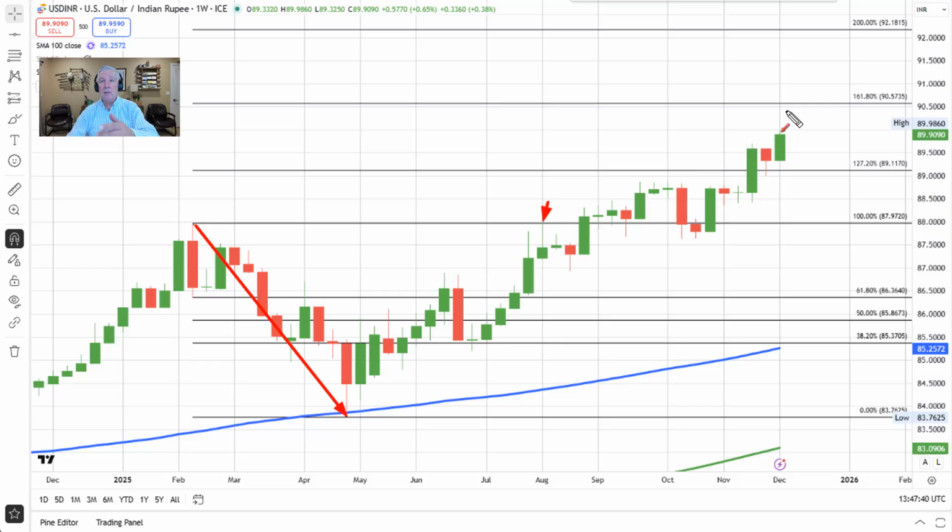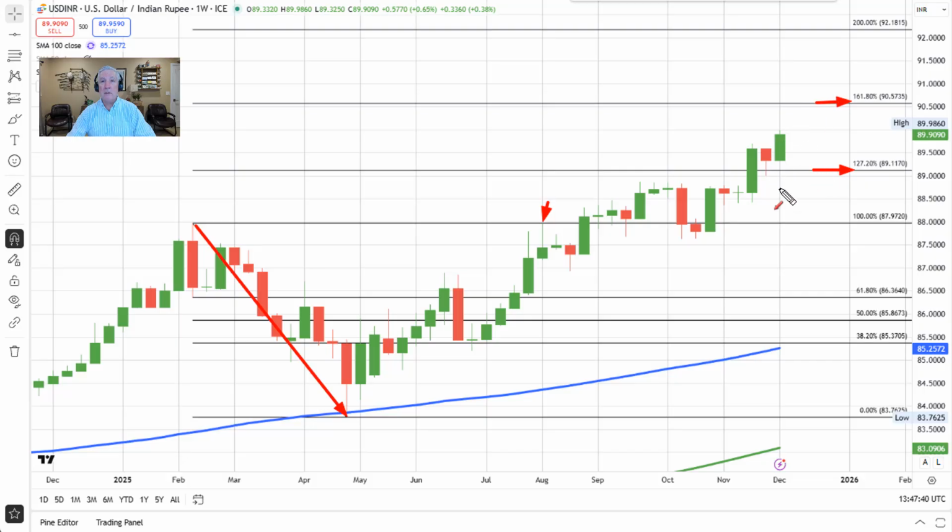and tries to anticipate levels of interest for traders to try to pick a top or a level that they can lean against. And there are certain Fibonacci extensions that they use. 127.20 is one, 161.8 is another. Basically, 127% of this move to the downside targets this level right here. 161% of this move to the downside targets up here.